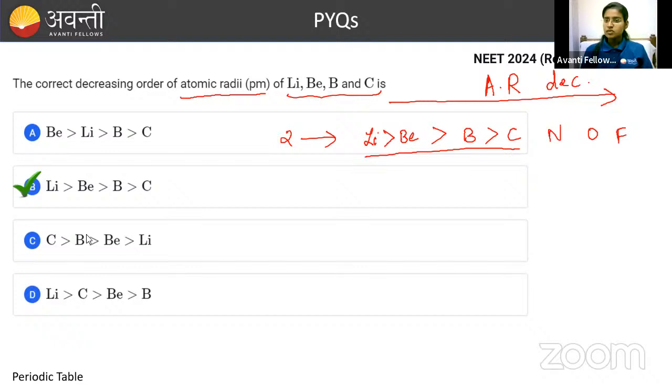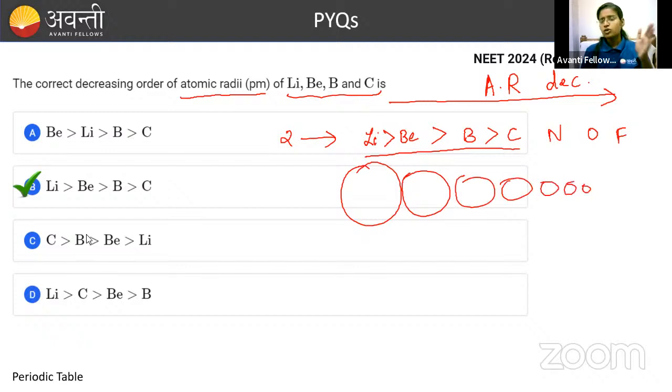Very good. So the atomic radius of lithium will be more than beryllium, boron, carbon, nitrogen, oxygen, and fluorine. If you go from left to right in the periodic table, the general trend is that size decreases across the period. Shall I go for the next? I hope this question is clear to all of you.